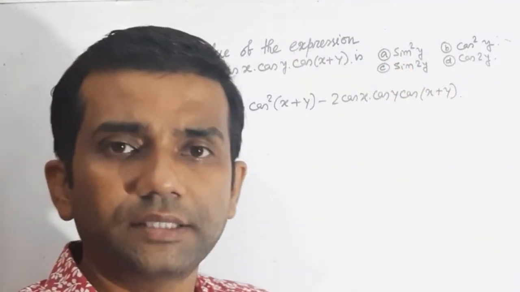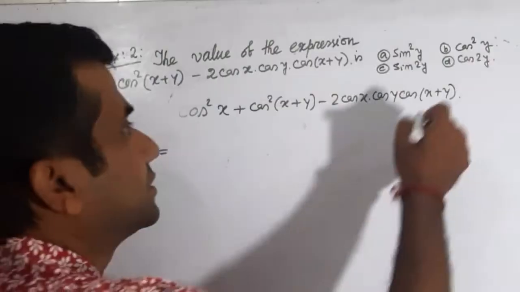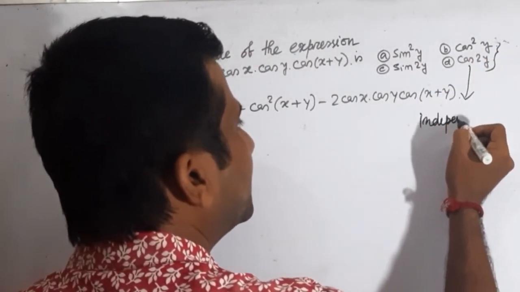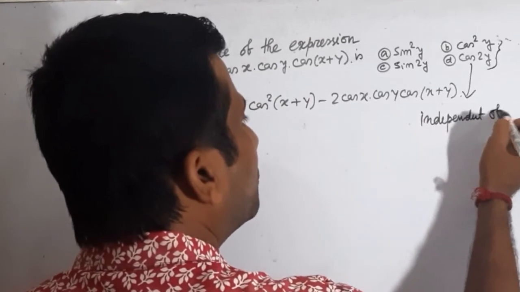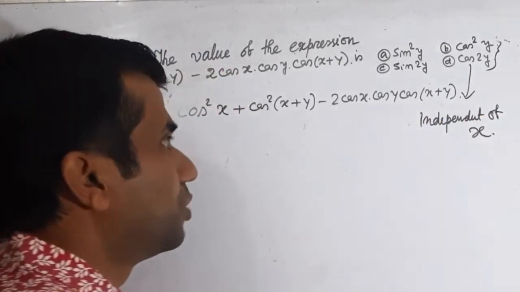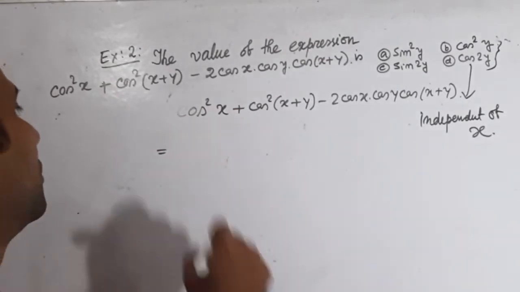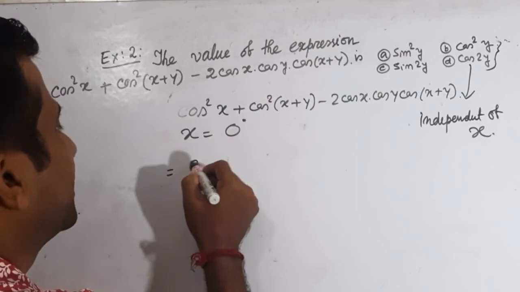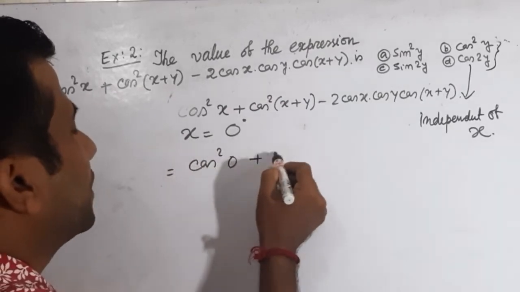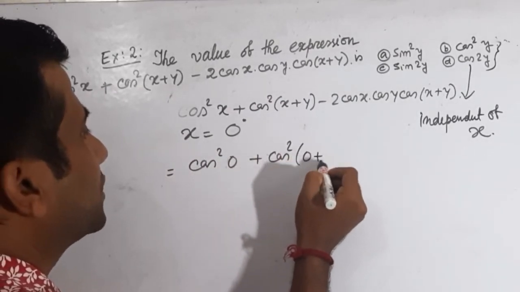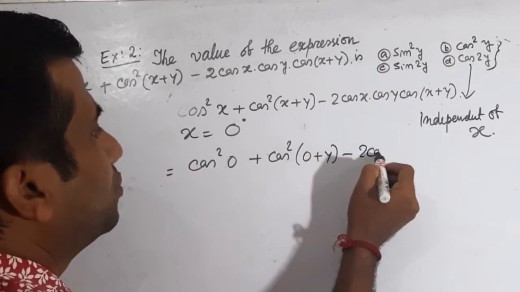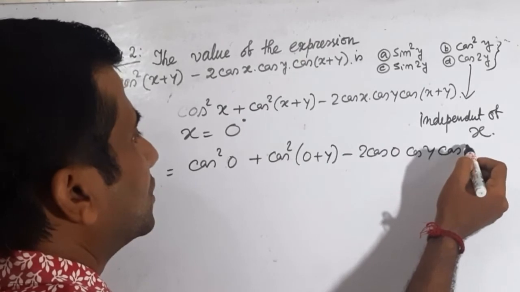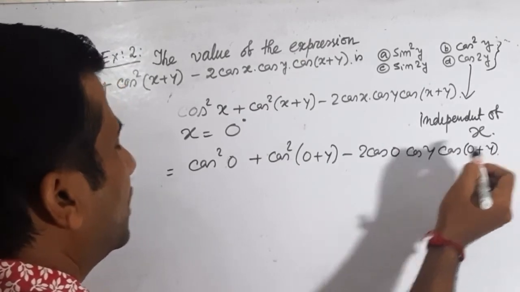That means your answer is independent of x. So putting x equal to 0 degree in this expression, we get cos square 0 plus cos square 0 plus y minus 2 cos 0 cos y cos 0 plus y.